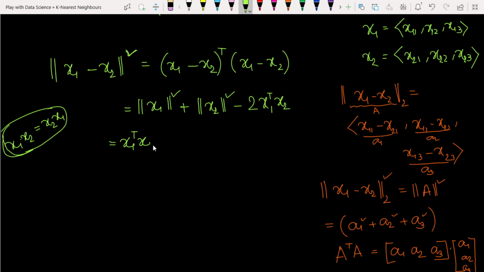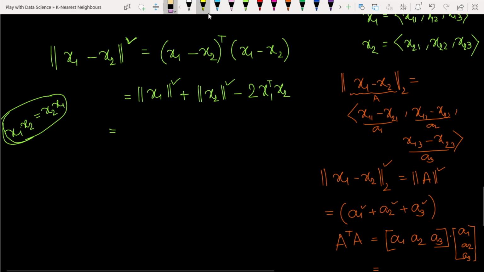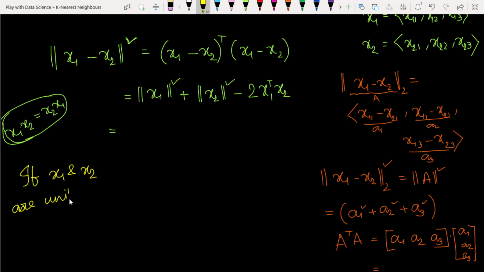It is not needed here, because we have taken x1 and x2 as unit vectors, so their norms equal 1.